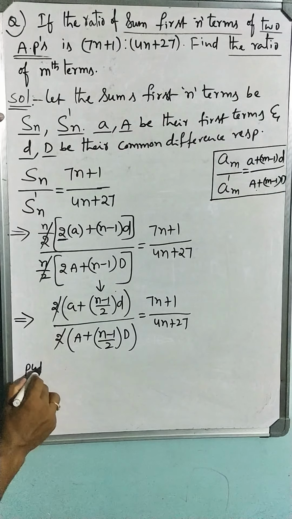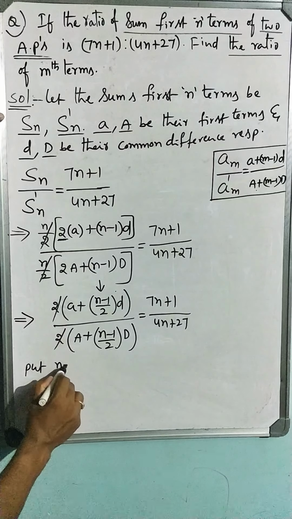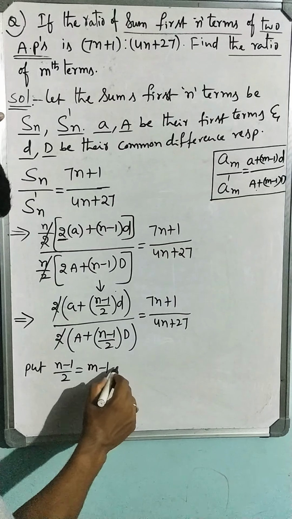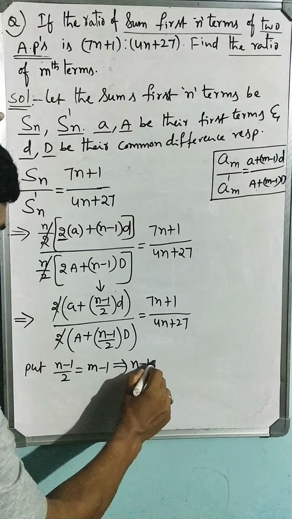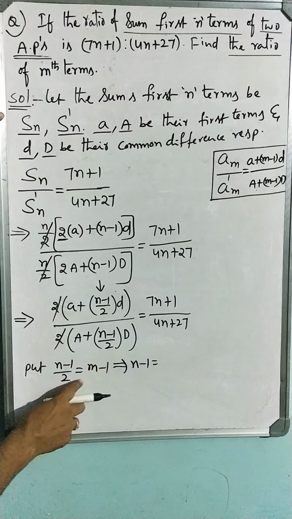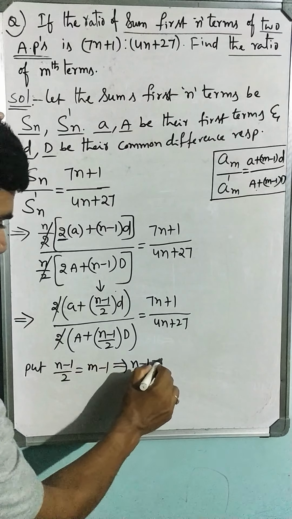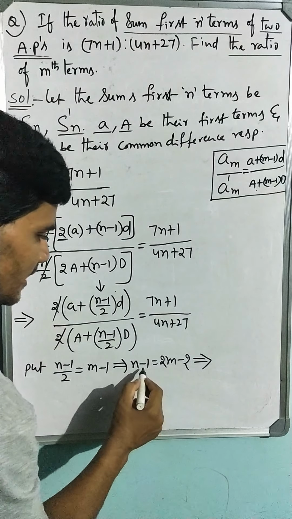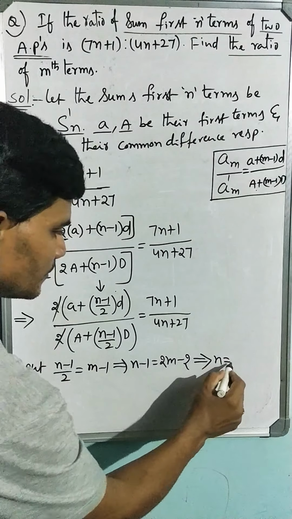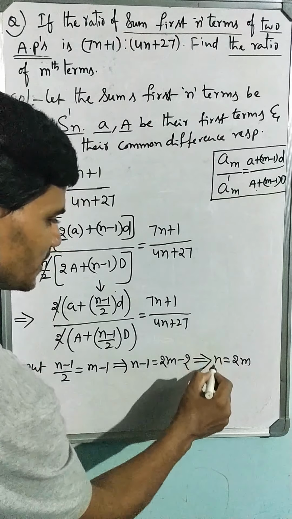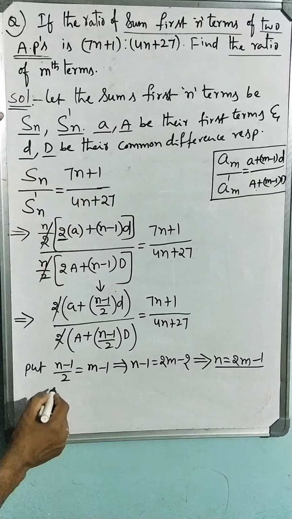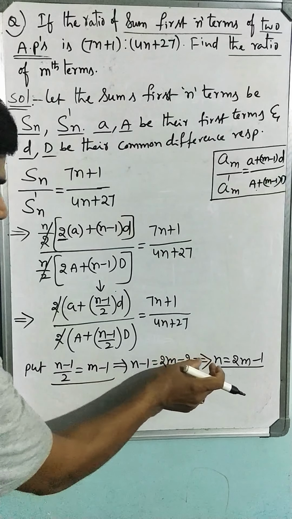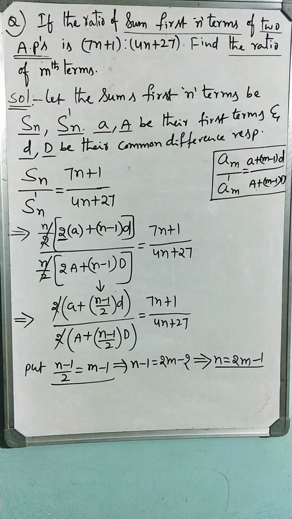Then what happens? n minus 1 is equal to 2m minus 2, that is n is equal to 2m minus 2 plus 1, which becomes 2m minus 1. So if you replace n minus 1 by 2 with m minus 1, then n value becomes 2m minus 1.